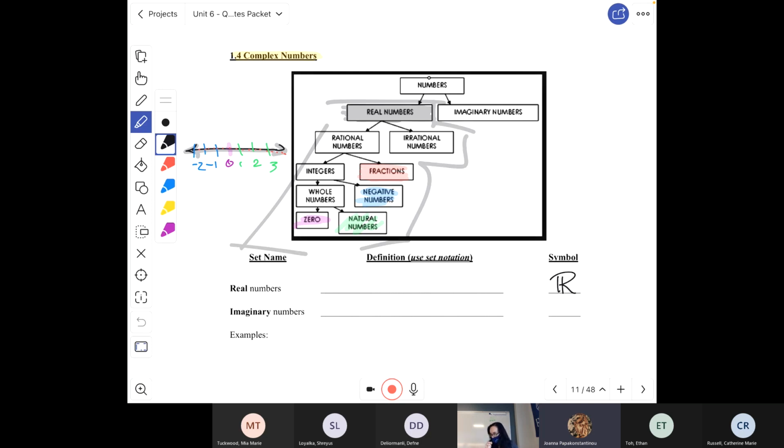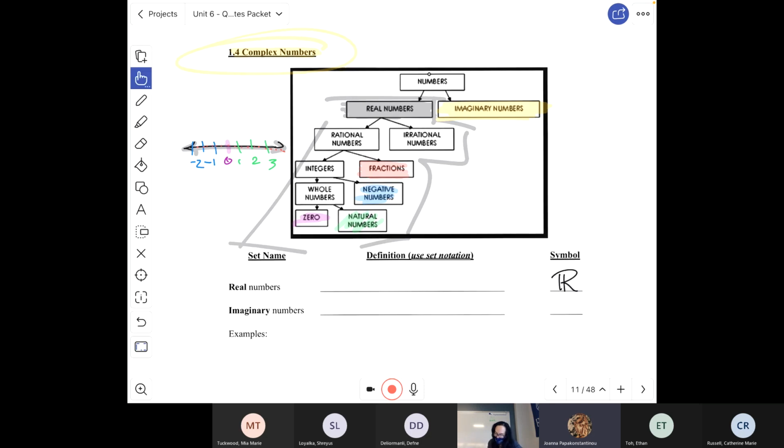Now, if I take numbers that don't fall on the real number line, and I introduce something known as imaginary numbers, the combination of imaginary numbers with real numbers gives me the set of complex numbers. So complex numbers have a real and imaginary part. So let's go a little bit more in depth into the real numbers and compare and contrast those to what we are talking about.